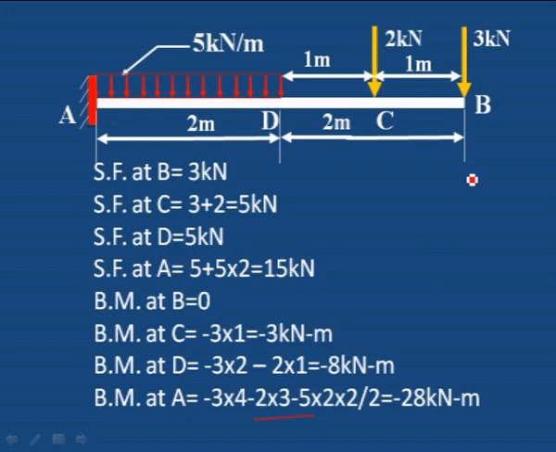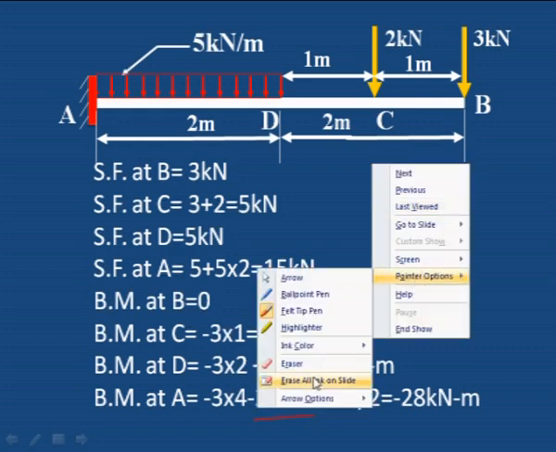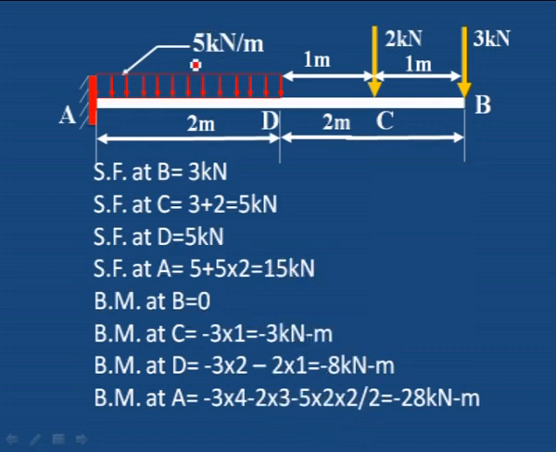Then the third load is 5 kilonewton per meter into 2, that is a 10 kilonewton point load, the UDL converted to a point load, into a distance of 2 divided by 2, since the center point is 2 divided by 2.